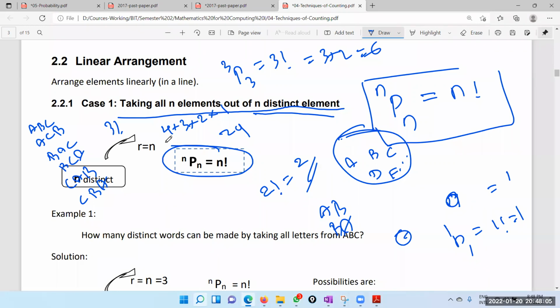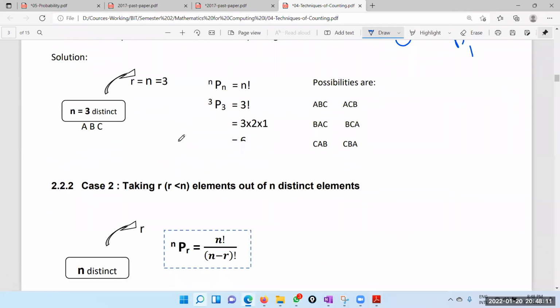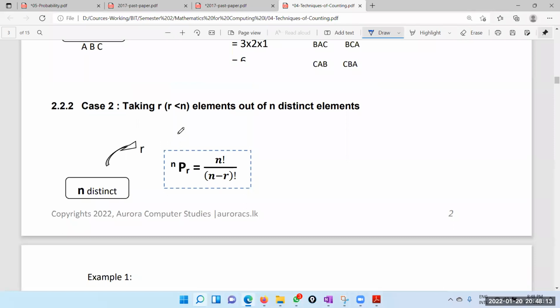Linearly, yes. Scenario 2. We have n distinct elements, and we are taking only r out of them and arranging them linearly. The number of ways to arrange r out of n elements linearly, we write as nPr.